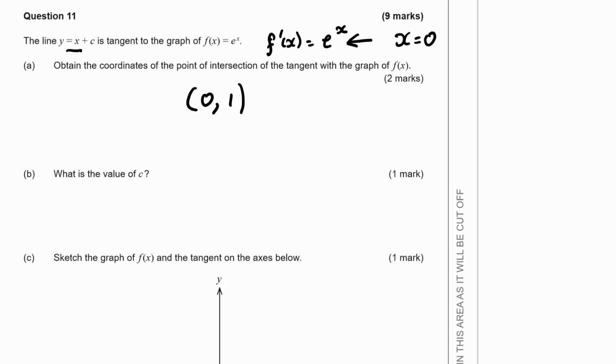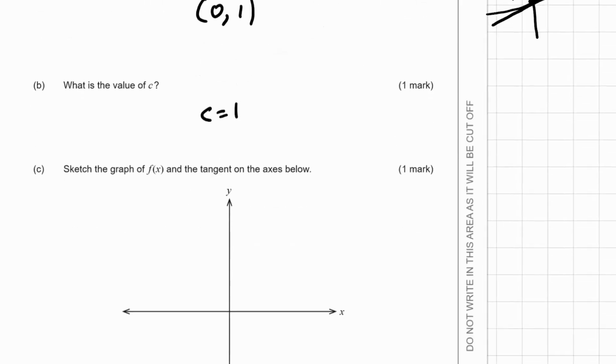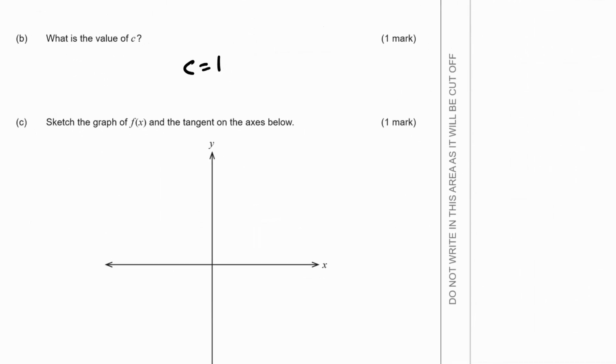So if we think about this coming up here, and that's the point 0, 1, the tangent must touch here. In other words, the value of c is 1. So we're asked to sketch the graph of f of x and the tangent on the axes below.